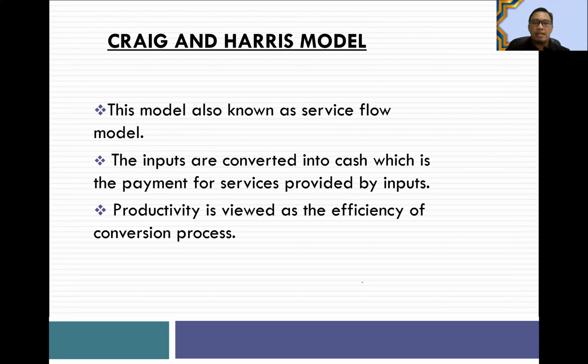And then productivity is viewed as the efficiency of the conversion process. Once again, every input is converted into cash, into the value of money, and productivity is viewed as the efficiency of the conversion from input into output.